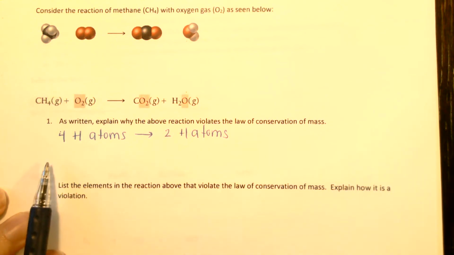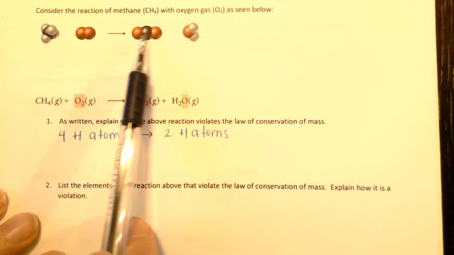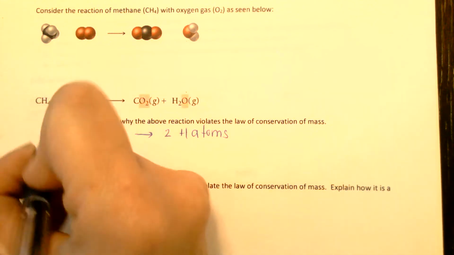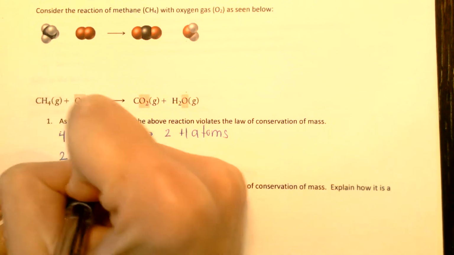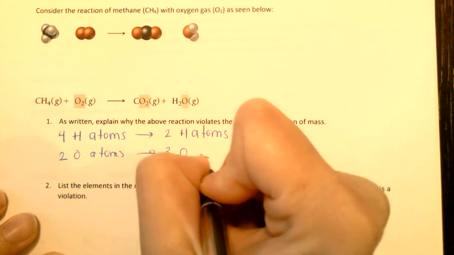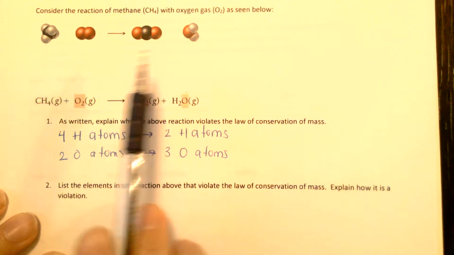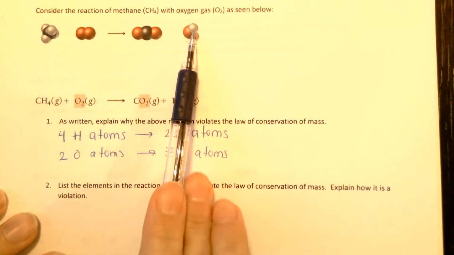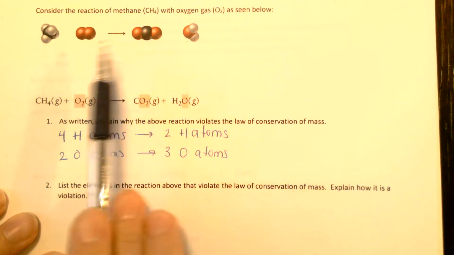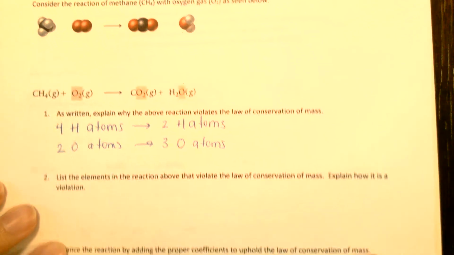If we look, there's another element that does that. If we look at oxygen, there's 2 on this side, and then we have 1, 2, 3 on this side. So oxygen goes from 2 O atoms to 3 O atoms. Again, that appears to violate the law of conservation of mass, where we do not have the same number of atoms that we started with.